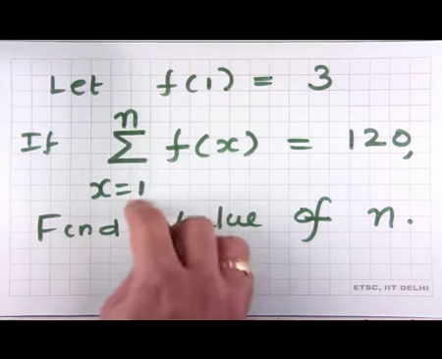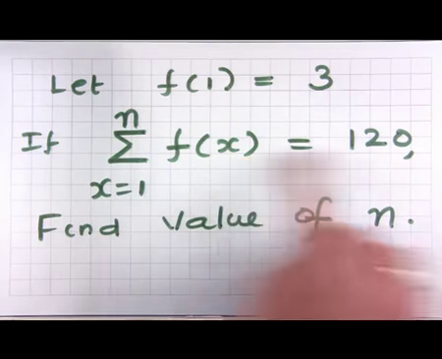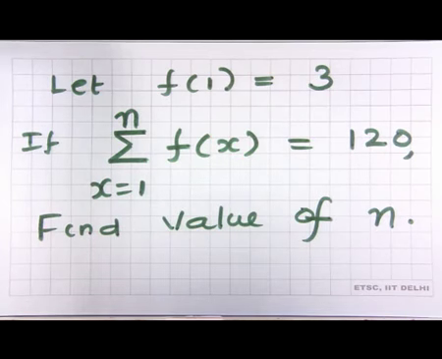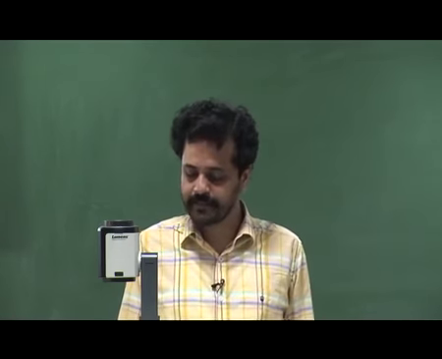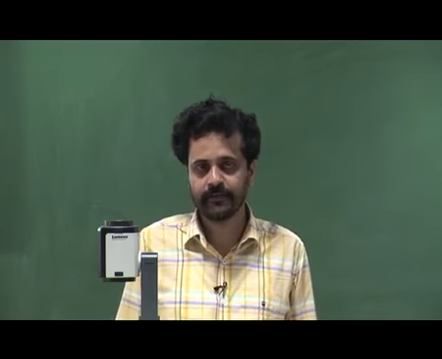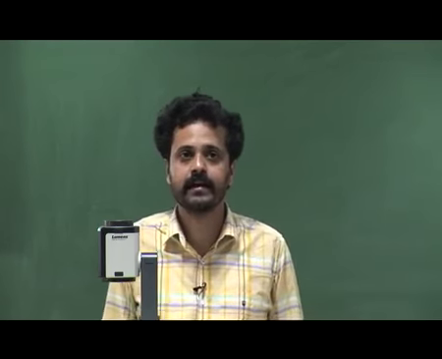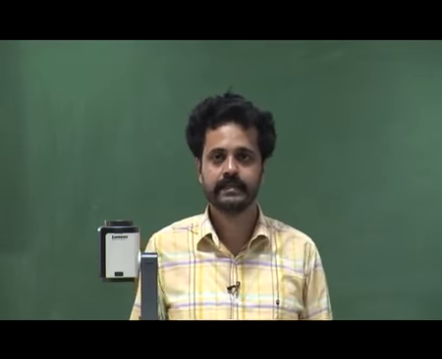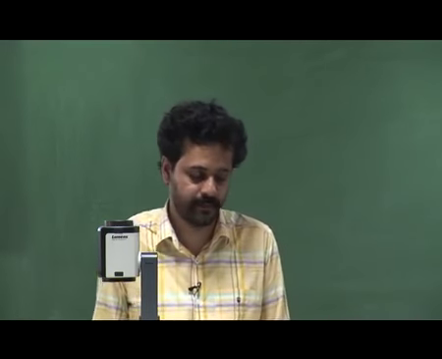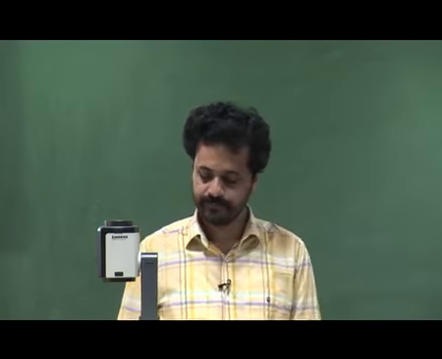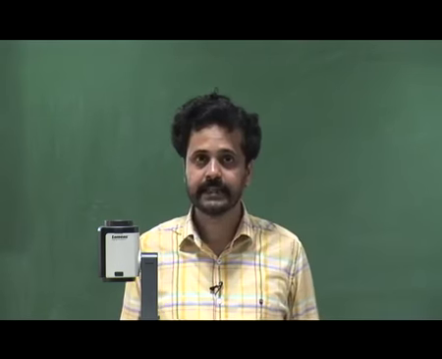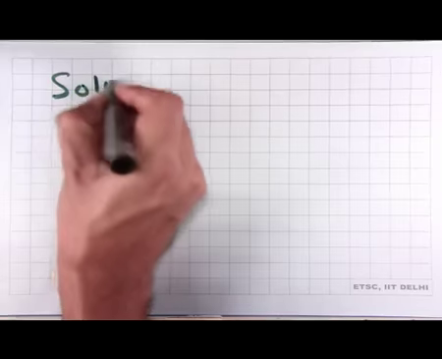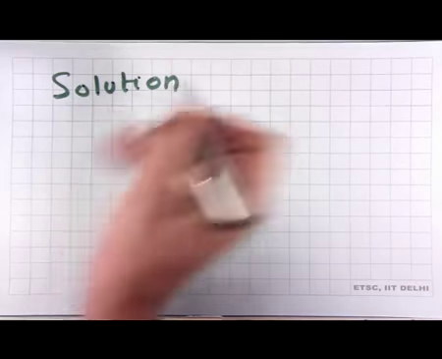Sum x equal to 1 to n f of x equal to 120, which gives in expanded form f of 1 plus f of 2 plus f of 3 plus etc. plus f of n is equal to 120. The question is concerned with a series. Let us proceed to solve it.